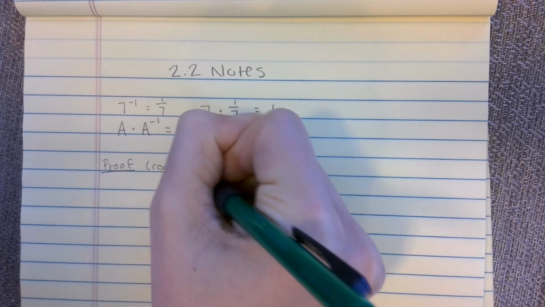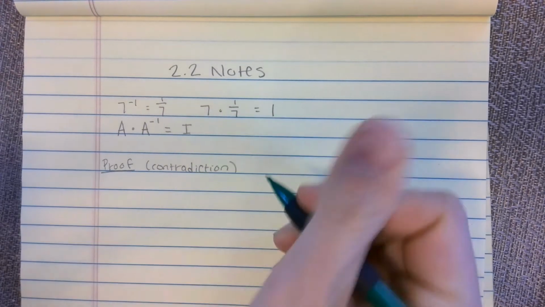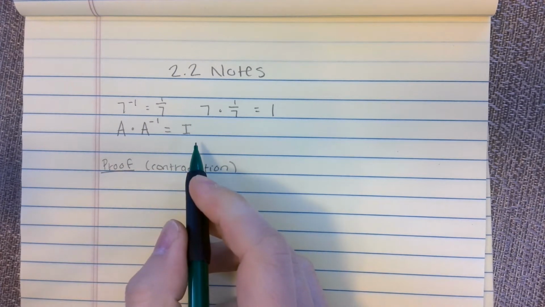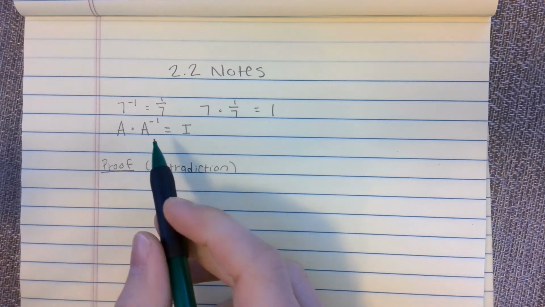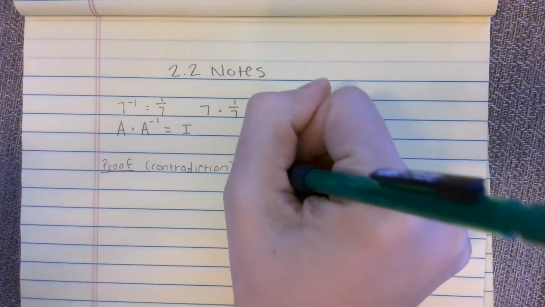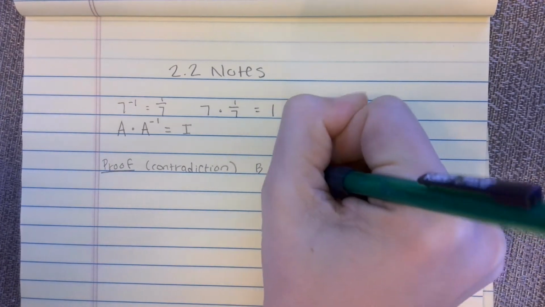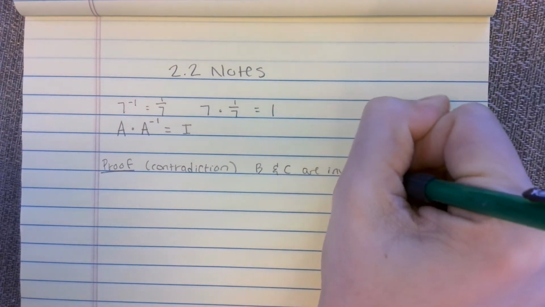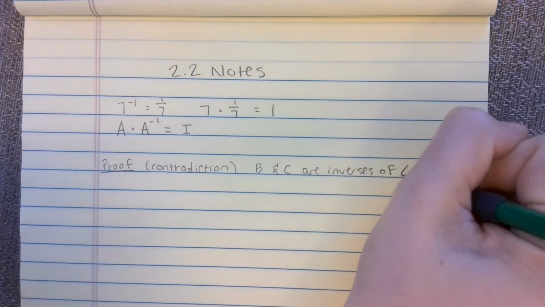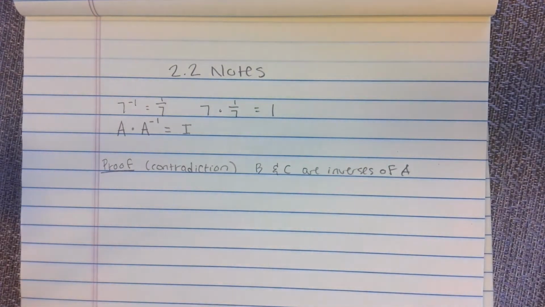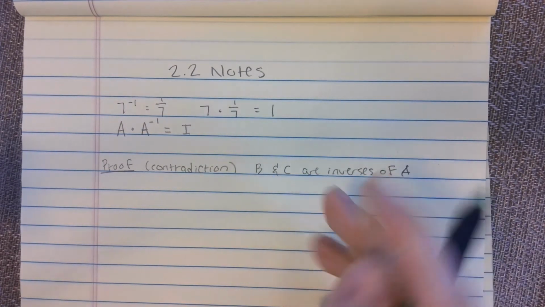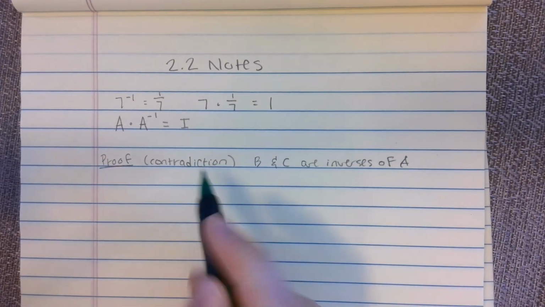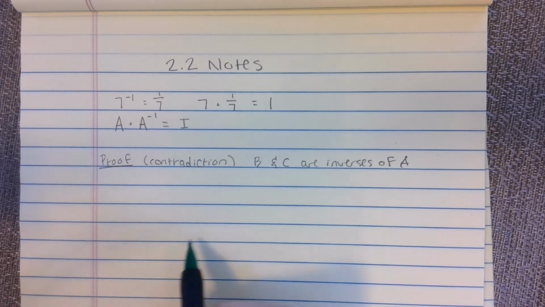And the idea, if you do a proof by contradiction, is to say that the thing we want to be true, that A inverse is unique, a unique inverse, let's say that's not true. Okay, so B and C are both inverses of A. We are going to do rigorous mathematical things, algebra, with B and C, and get to some place where I get a contradiction, where something I write down is not true.